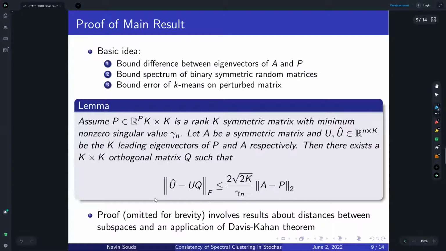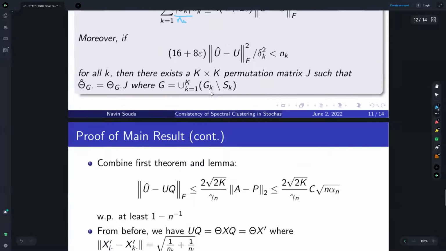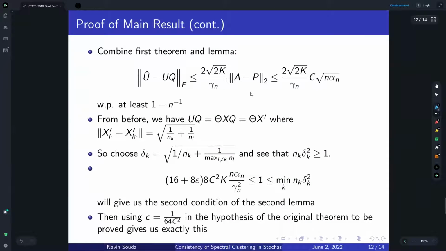We note that we bound the Frobenius norm by some spectral norm, and then we bound the spectral norm by this C root D. The other thing to note is that D is greater than or equal to C log N. If we recall, we require alpha_N to be greater than or equal to log N over N, and so that tells us that N times alpha_N is greater than or equal to log N. So we're going to replace that D with N times alpha_N.